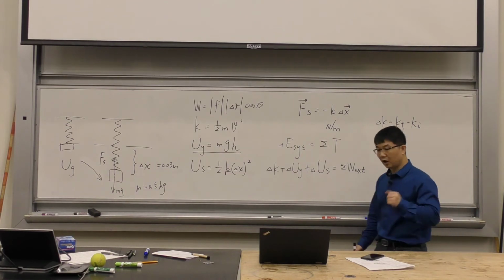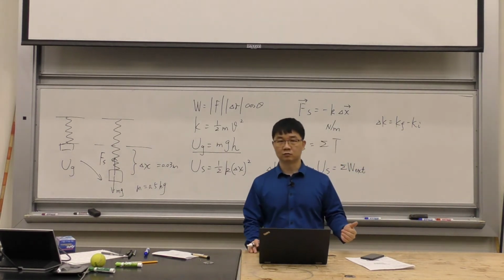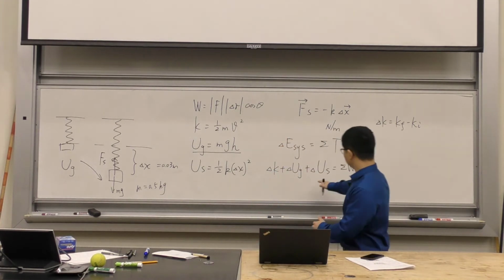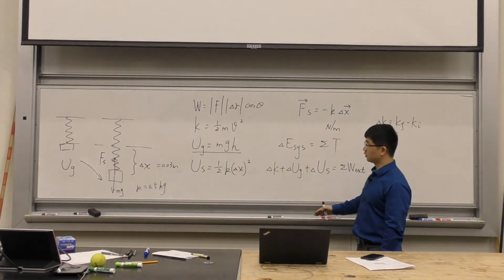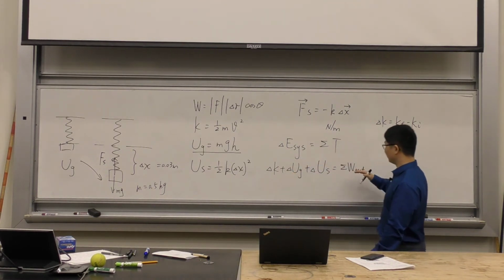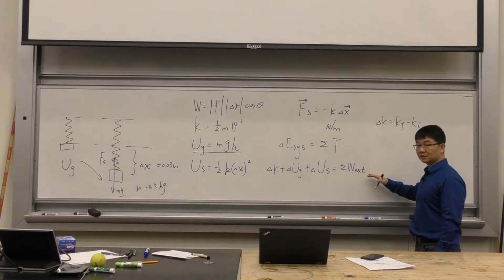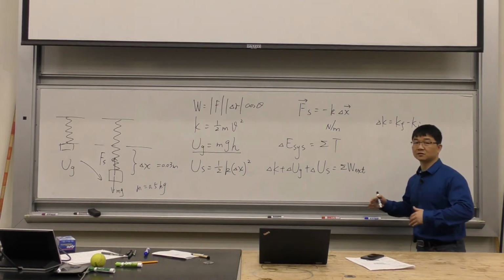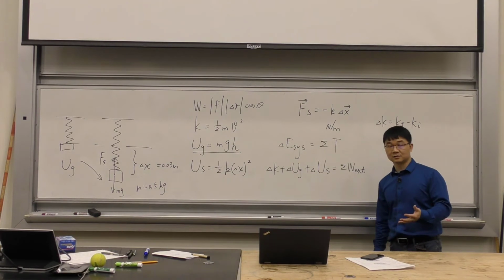They are already in our system. They are already internal in this equation. The effect of the gravitational force and the spring force is already in these 2 terms. So you don't need to calculate the work done by these 2 forces on the right-hand side. Otherwise, it's going to be a double count. Which is very nice.